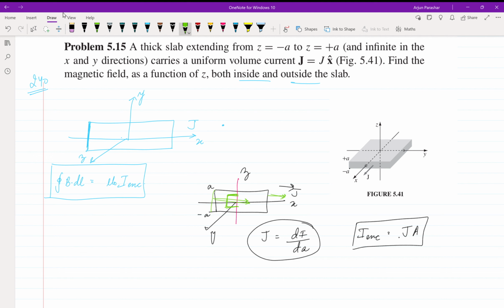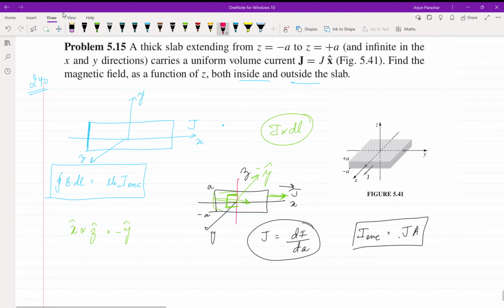So just a second. If we curl them, X cross Z gives minus Y, because this is the direction of current and this is the direction in which we are curling our fingers. So we'll get the magnetic field along minus Y cap.